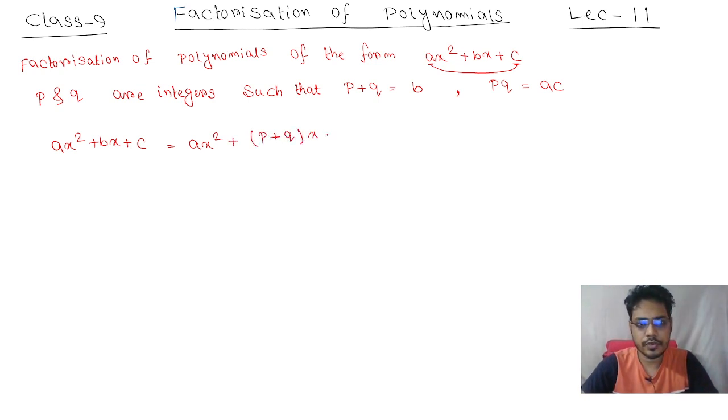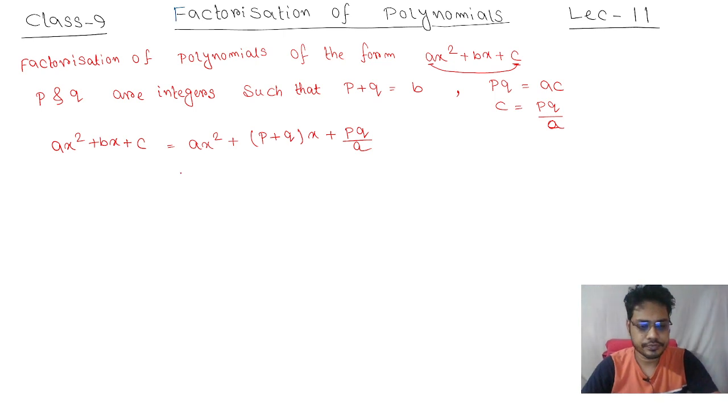So p plus q into x plus c, if it equals ac, so c will be pq by a. Sorry, c is pq by a. So we have to write in this form.